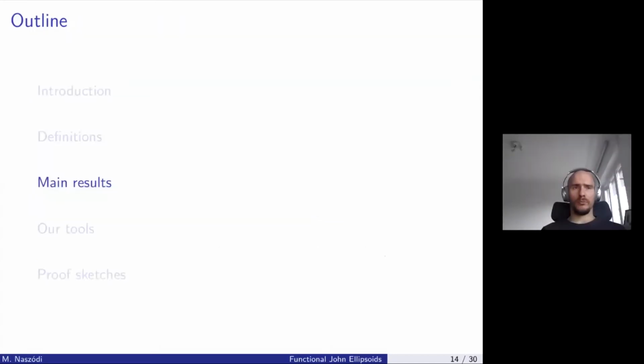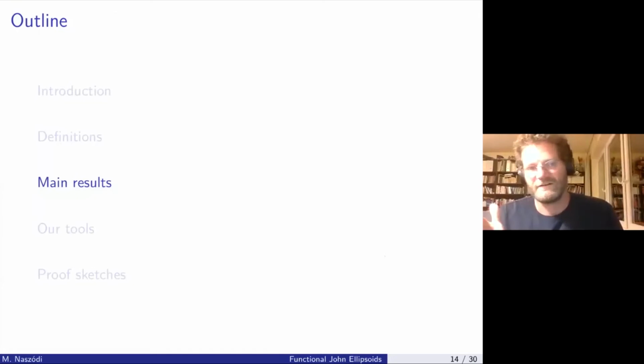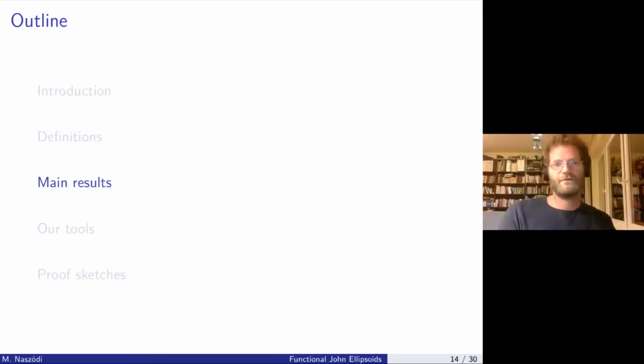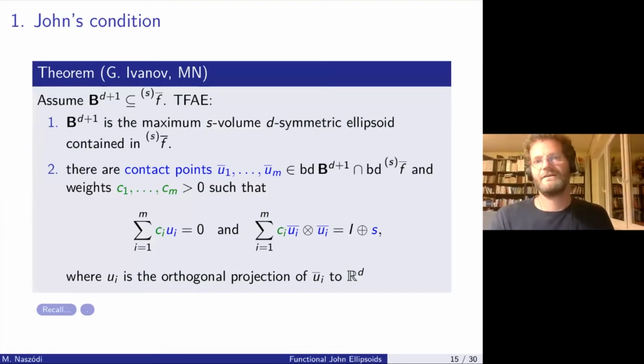So now I defined all these nonsense quantities. What is this good for? Here I'll show you four results that we have. One thing is that we have John's condition.